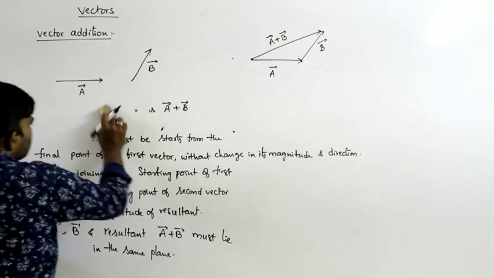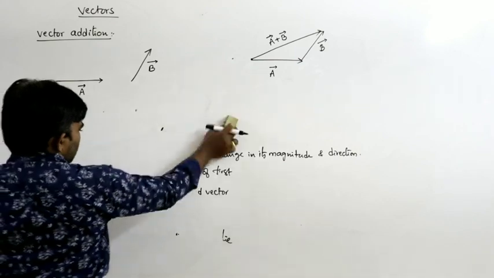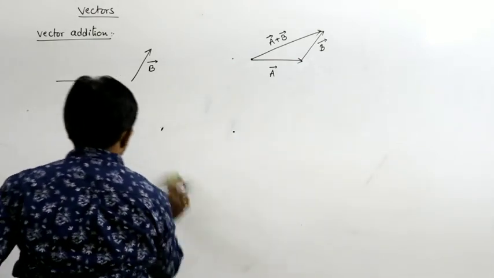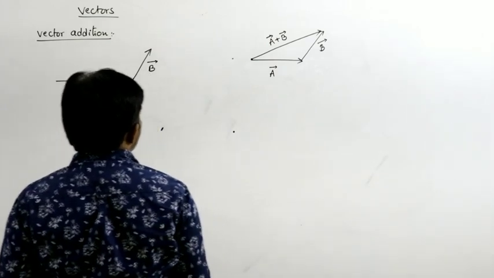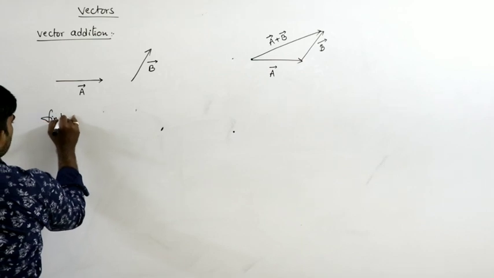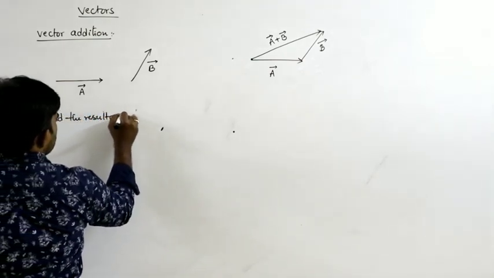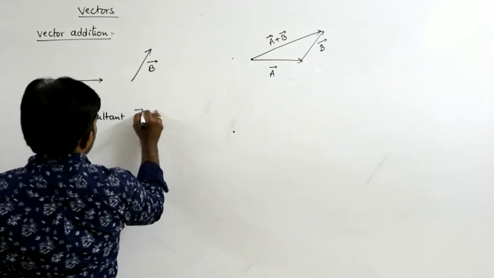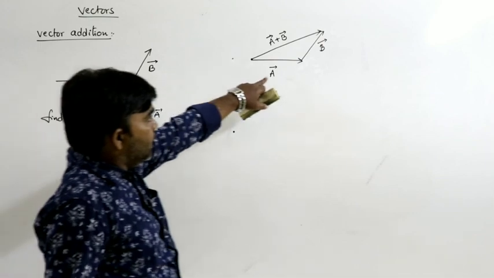Next, how can you add B bar plus A bar? Find the resultant the same way. Let us say first we calculated A bar plus B bar.